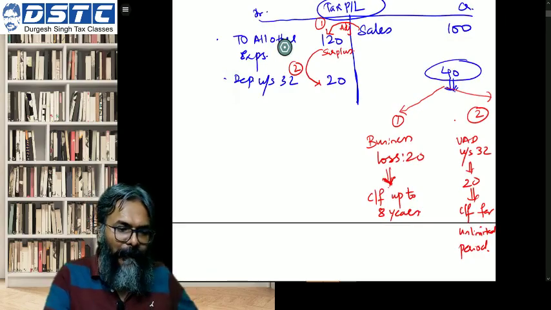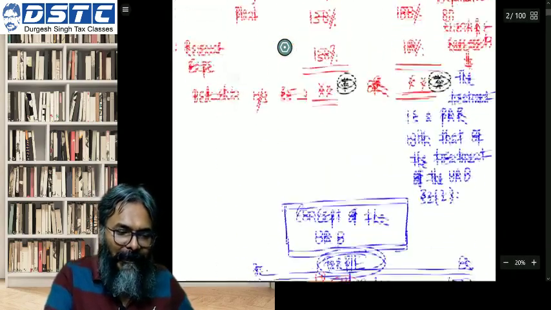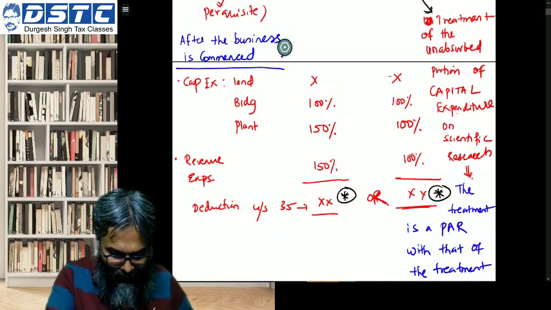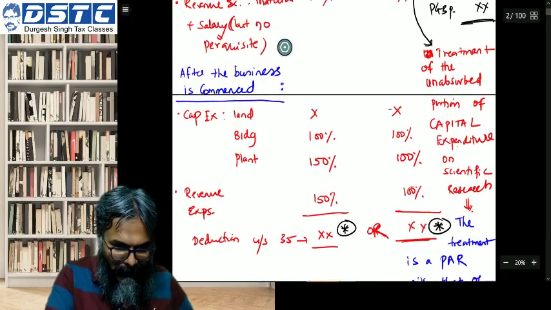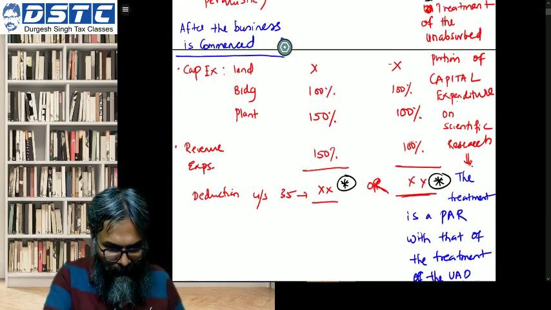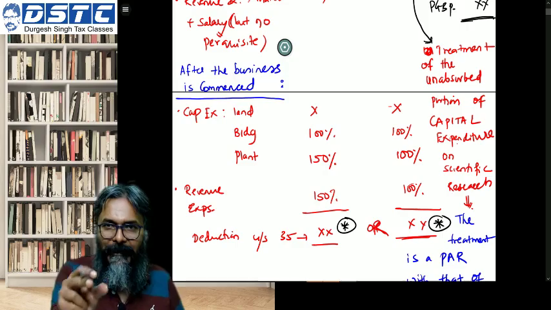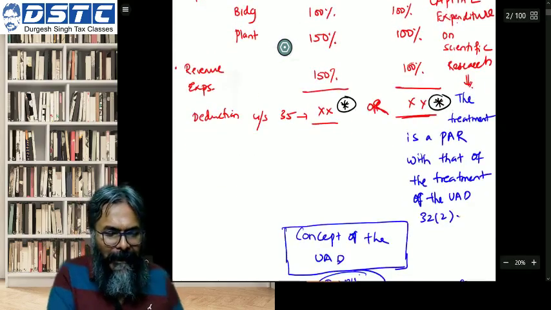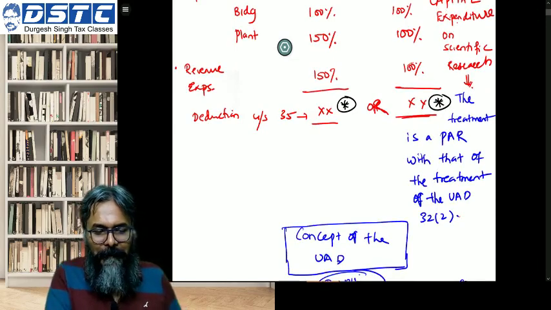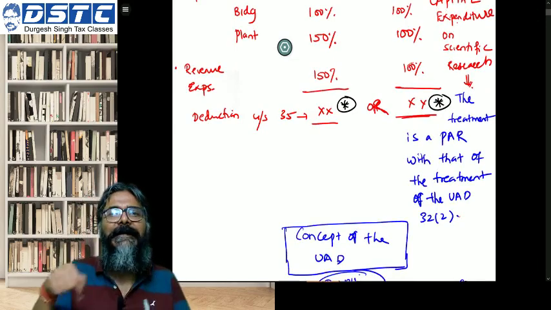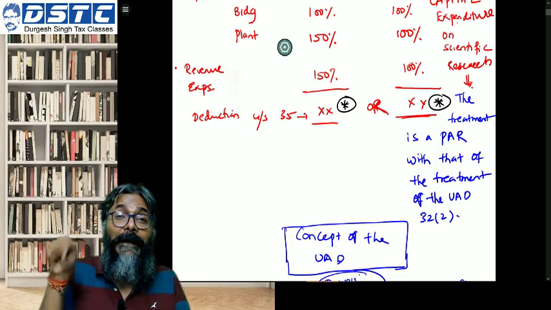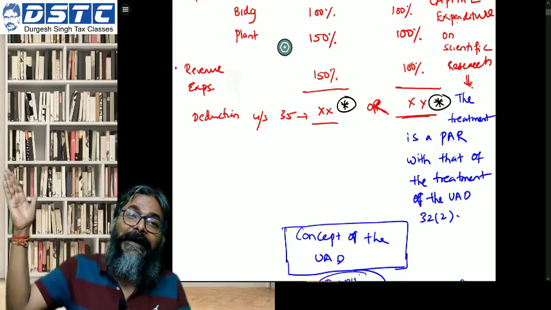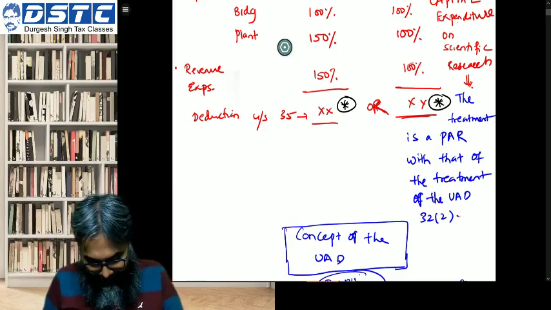So what is the treatment for unabsorbed capital expenditure on scientific research, if the treatment is at par with that of UAD? What does it imply? It implies that it can be carried forward for an unlimited period.